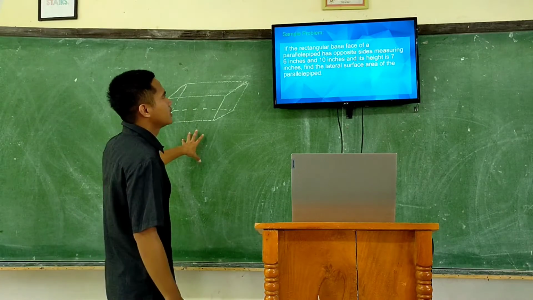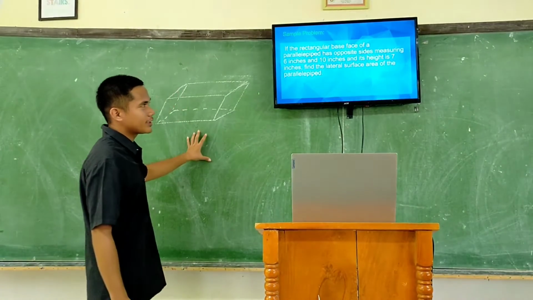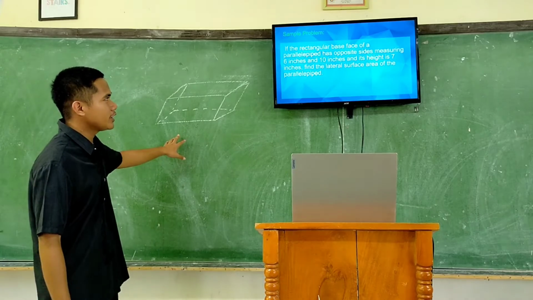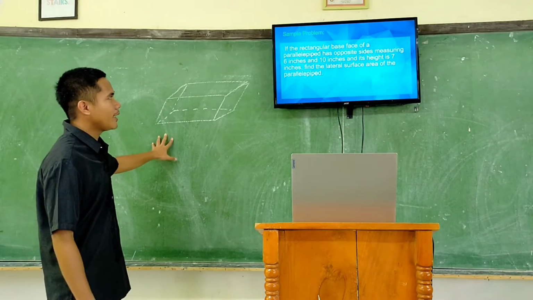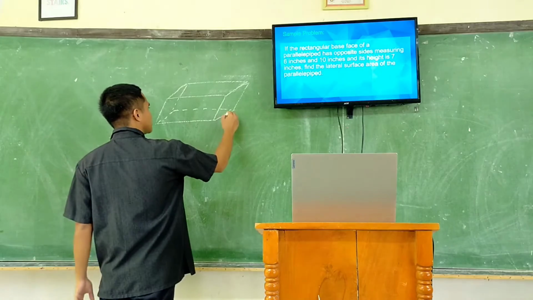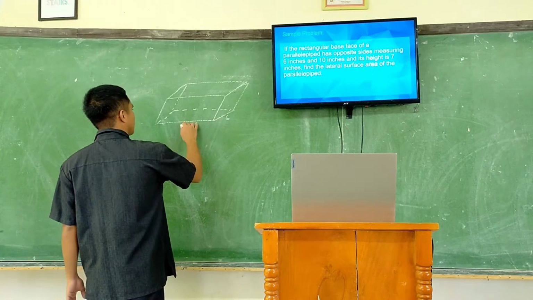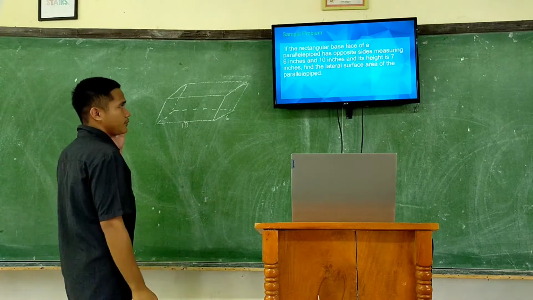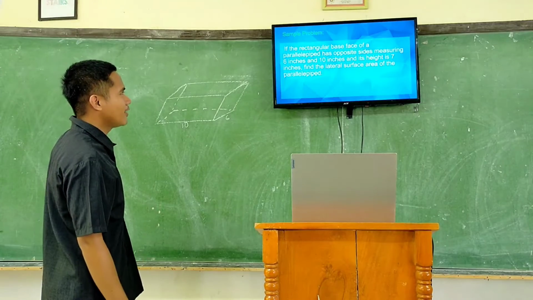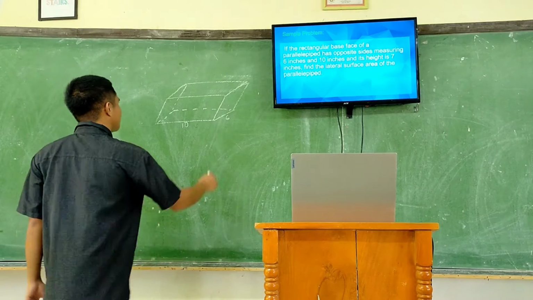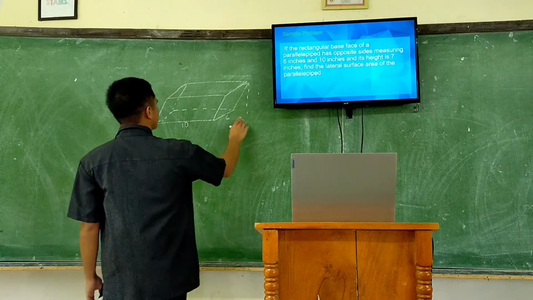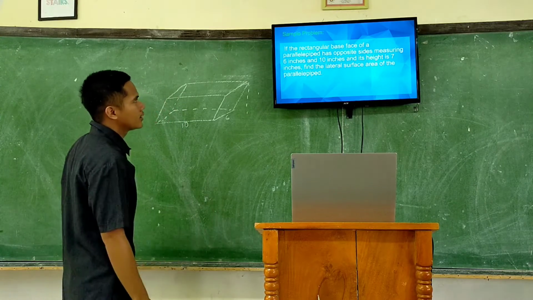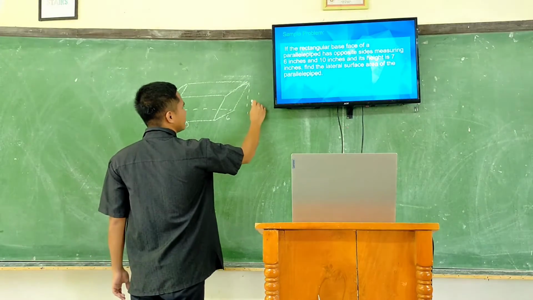Sabi niya, a parallelepiped has opposite sides measuring 6 inches and 10 inches sa kanyang base. So, dito 6, dito 10. And its height is 7 inches.